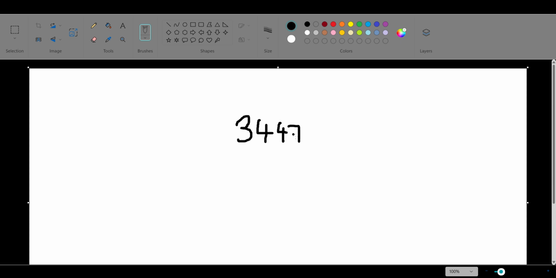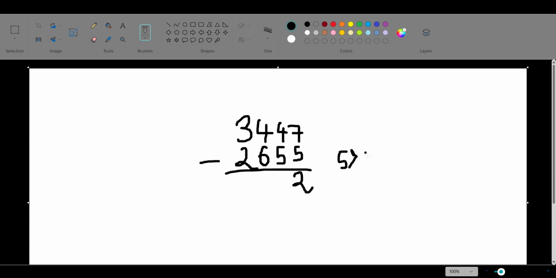Next sum, we can go 3,447 minus 2,655. So now 7 minus 5, this time 7 is greater than 5, so you can easily do 7 minus 5, which is equal to 2.